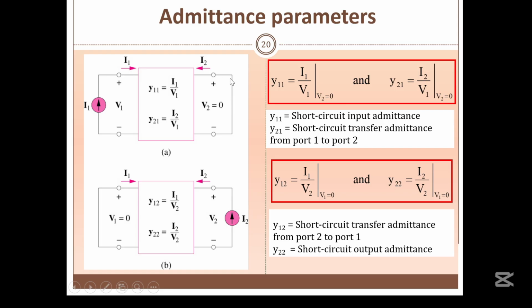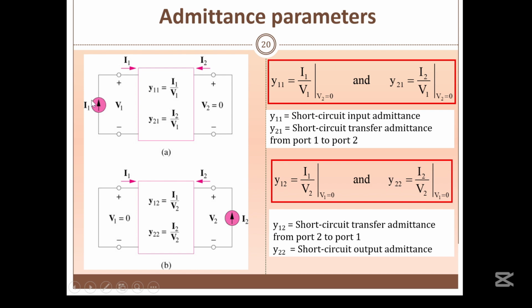So when you make V2 equal to 0, you get this equation as I discussed in the previous slide, and Y21 equals I2 over V1. When you short circuit this other part, you have I1 over V2 equals Y12, and I2 over V2 is Y22.